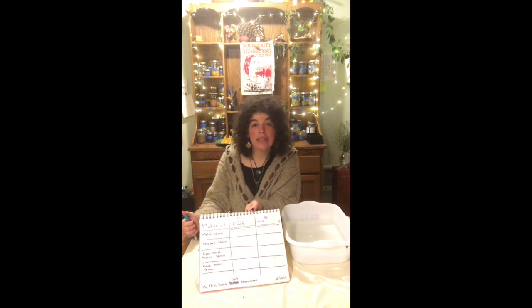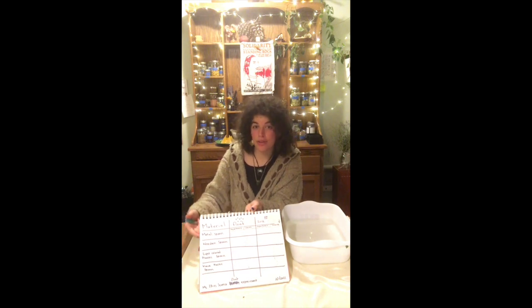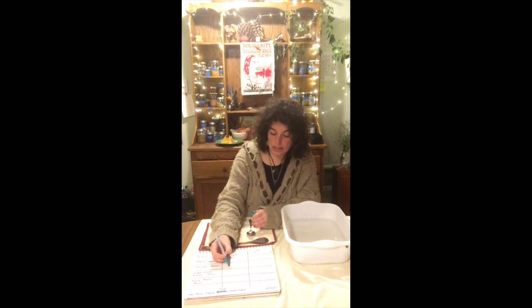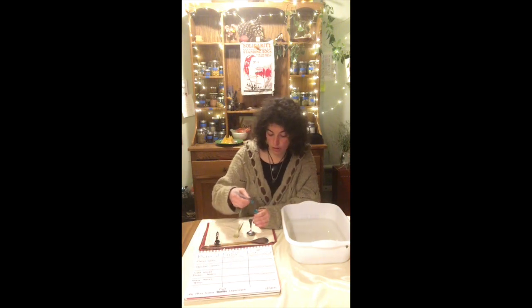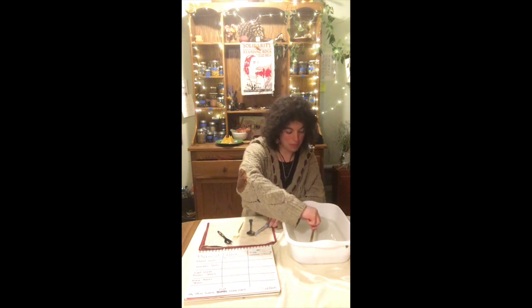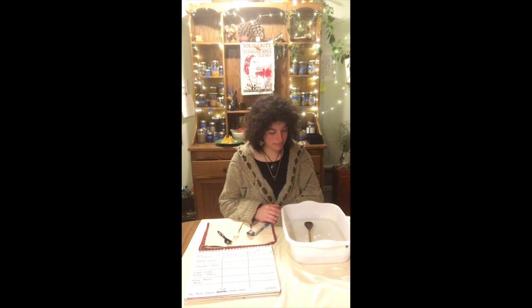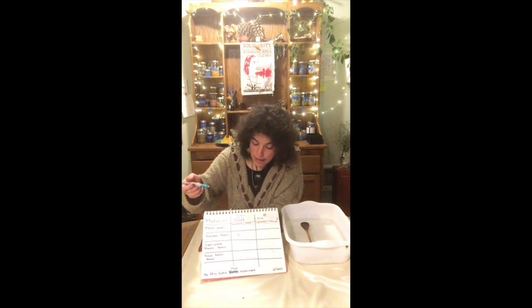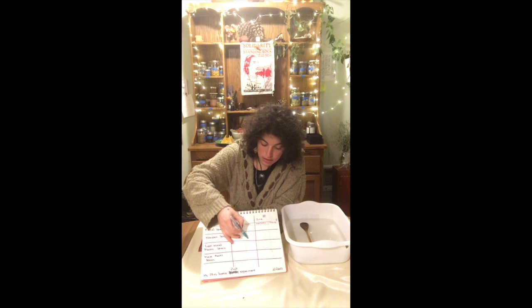Whenever I look at the Willamette River, there's always logs floating on top. So I think that my wooden spoon is going to float. Now I'll test it. And there it is, sitting on top of the water. So then I'll fill in my actual results, that my wooden spoon floated.